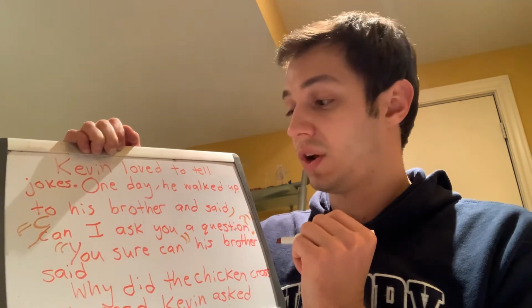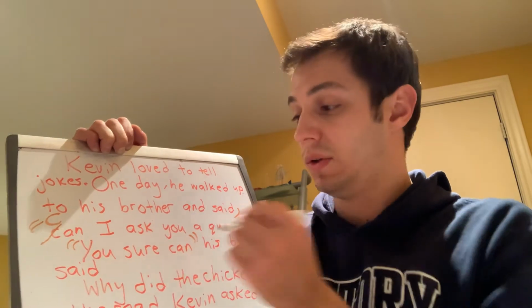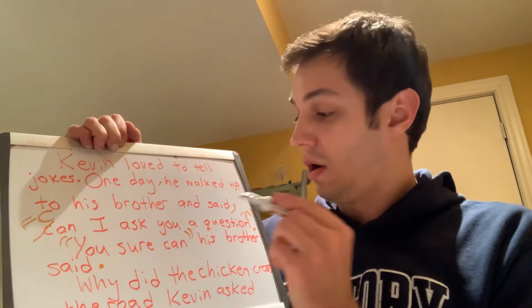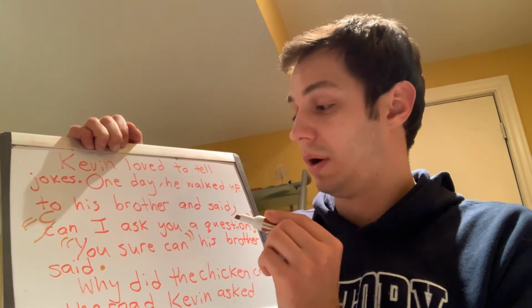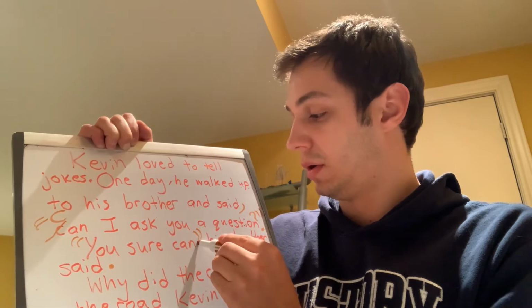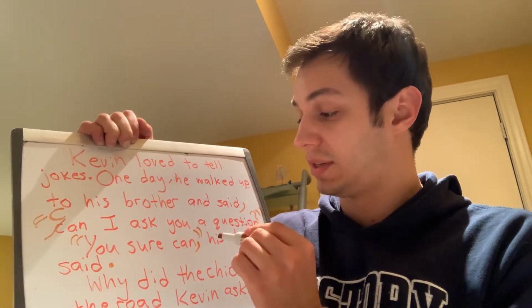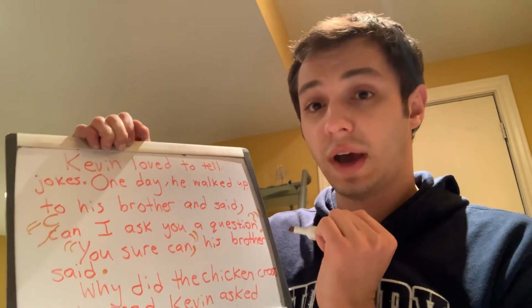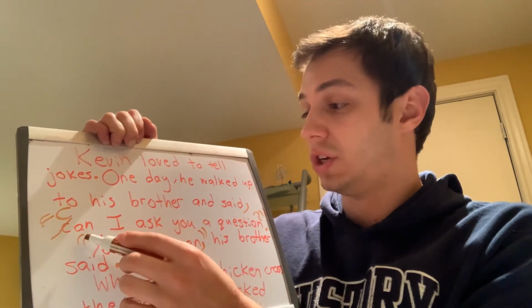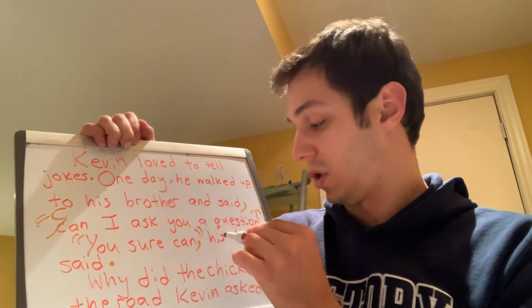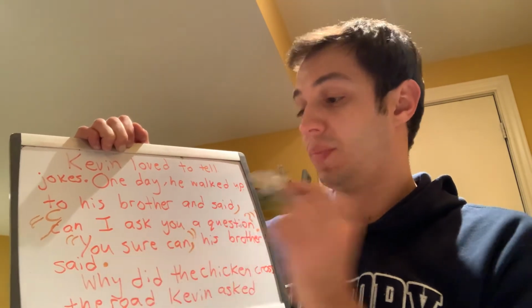We know this is not a question, so I can add my comma. The comma will come right before my ending quotation mark. If this was a question, instead of that comma, I would just put my question mark. So now the sentence says, quotation mark, you sure can, comma, quotation mark, his brother said, period.